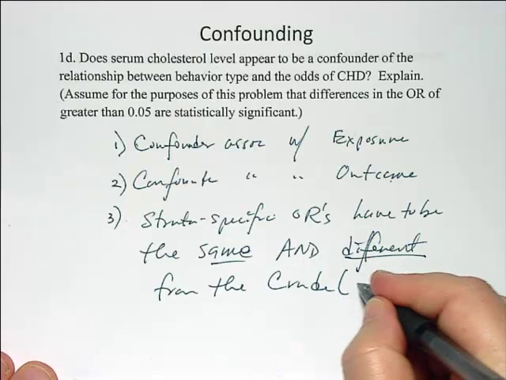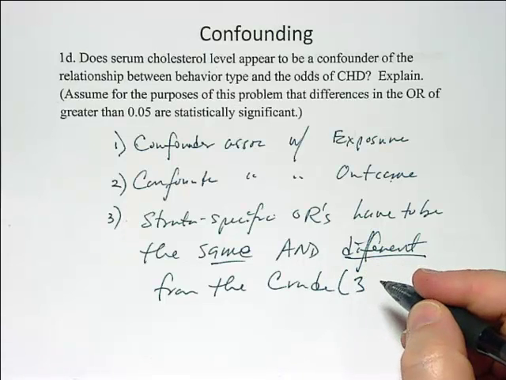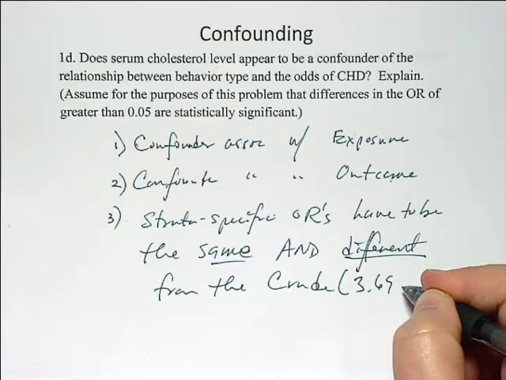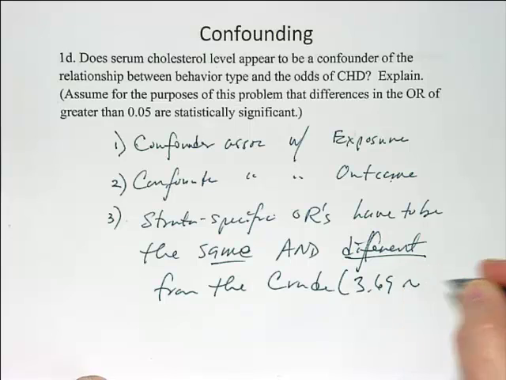So the crude here was 3.69, and relative to the strata-specific ones that we had, 4.0 and 4.03, we would call this different.